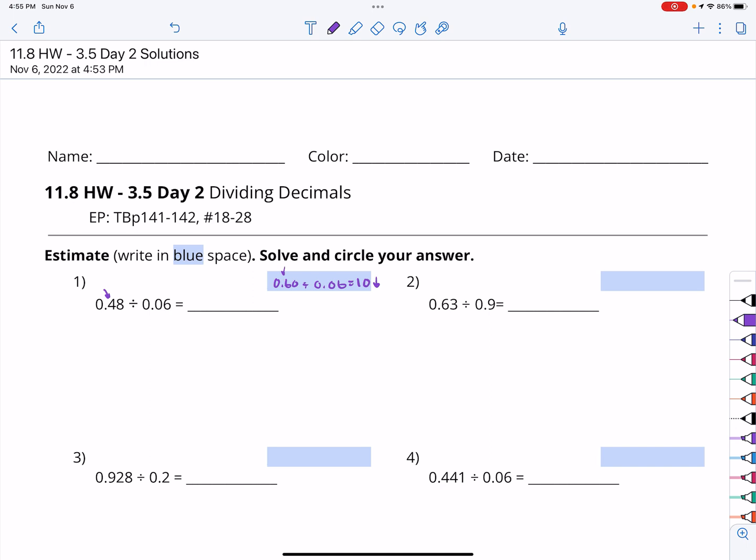So looking at these, I'm going to start out and use the fraction strategy because I know 48 and 6 are pretty related. So 48 hundredths divided by 6 hundredths, and I'm going to multiply by the reciprocal, 48 hundredths times 100 over 6.